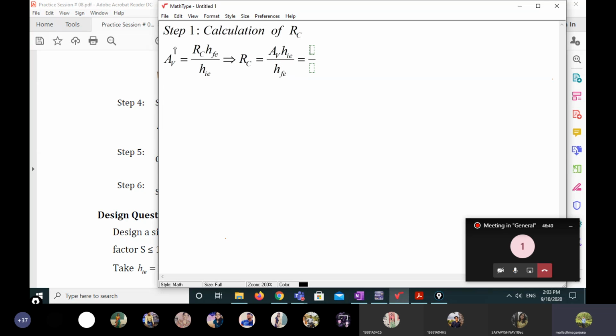The gain is 70, into hie of 1100 ohms. RC is 1.54 kilo ohm.